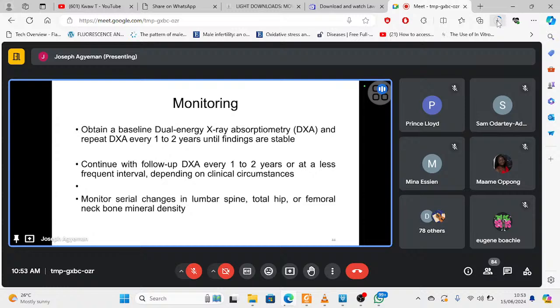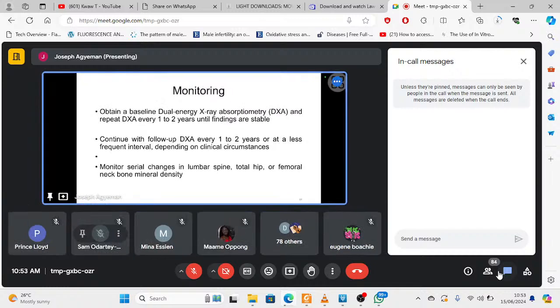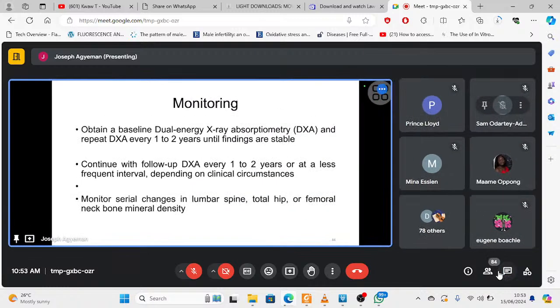So if initially you are getting promising figures and it did not take much time for the patient to have a stable and favorable measurement, then of course you can extend the duration of measurement. But in those that you are not getting even closer to your target, it means that you would need frequent measurements because you're obviously going to do frequent modification of the therapy.